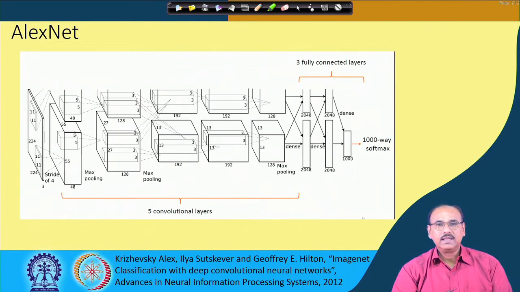You find that the entire AlexNet is actually implemented in two channels. Half of the network is put in one channel and half of the network is put in the second channel. Because they are in two different channels, that made it possible to train this network on two GPU cards.